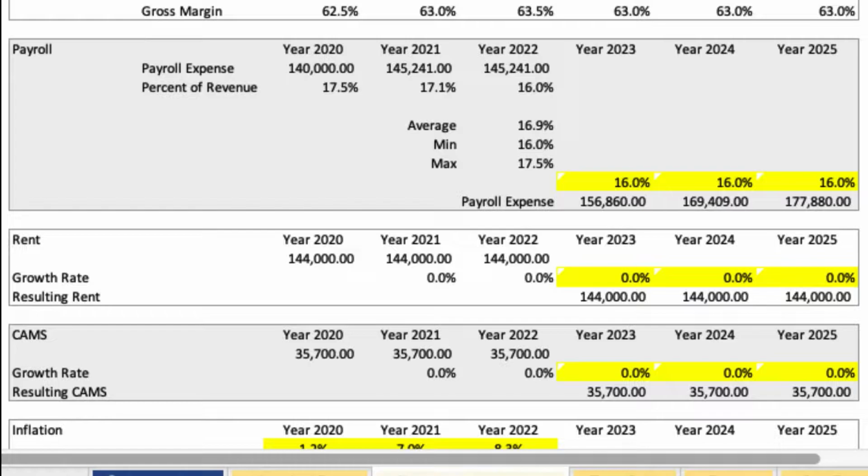So what do we think the payroll expense is going to be as a percent of revenue? My template has just used whatever we did in 2022. Now you can go with that, or you can make it a different number. Let's go ahead and, instead of 16.0, let's do 16.5. And we'll just carry that to the next 2 years as well.